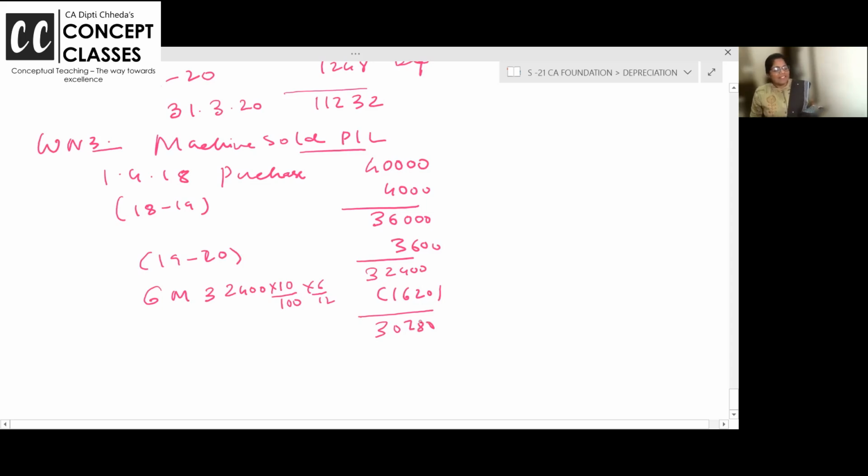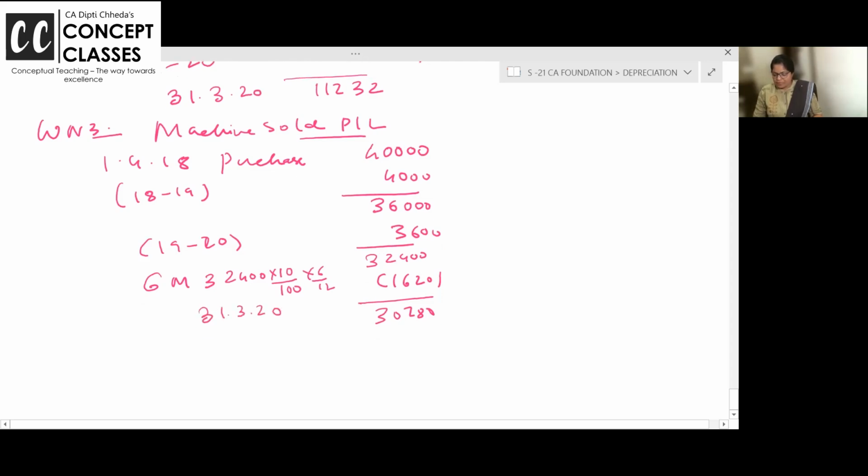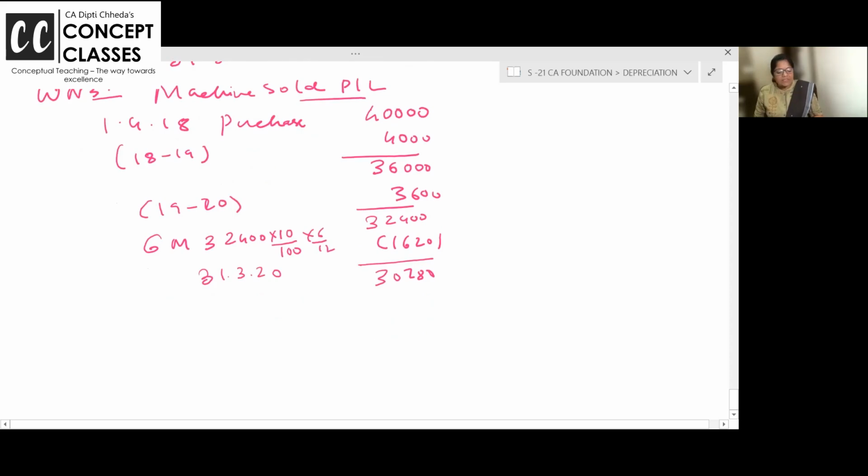So 30,780. 30,780 is the value as on 30 September 20, the day you have sold. Last depreciation you have charged is 6 months depreciation.